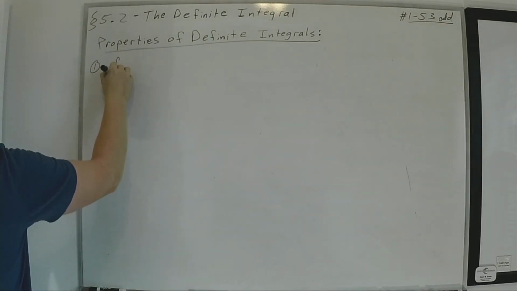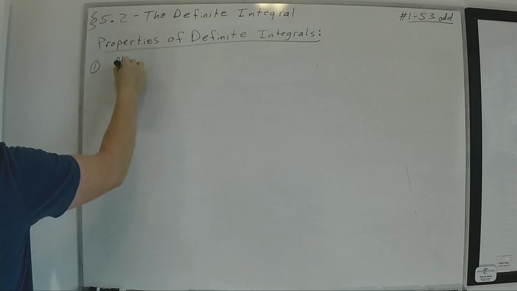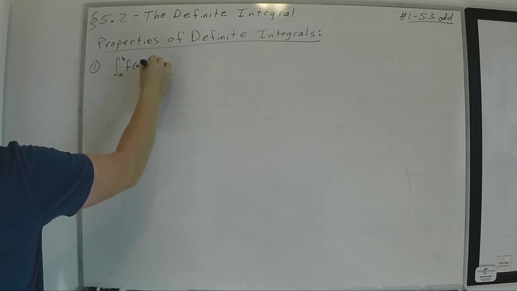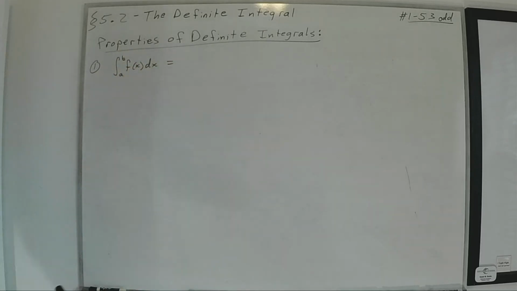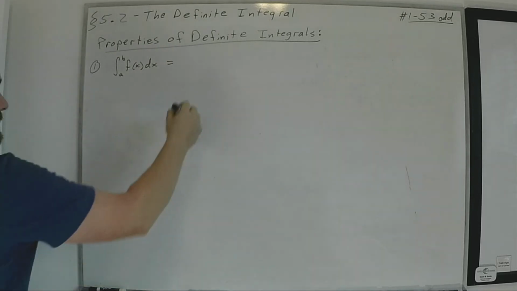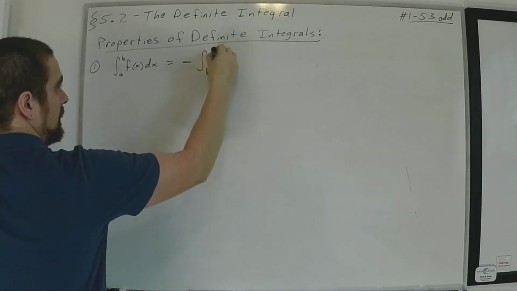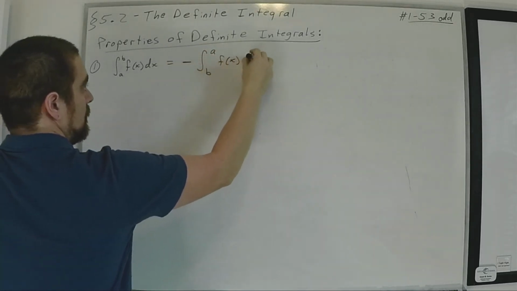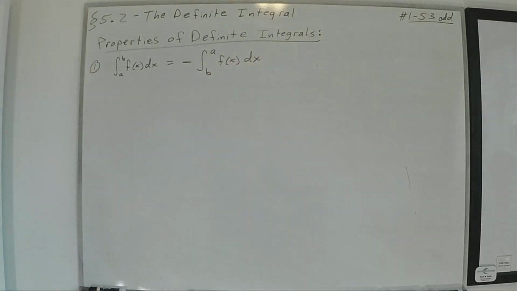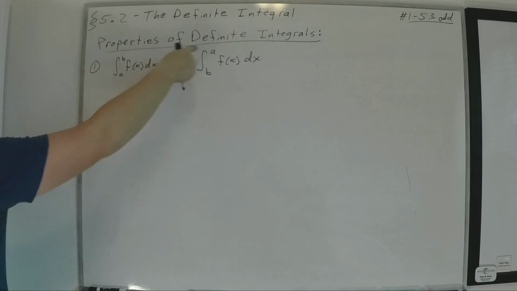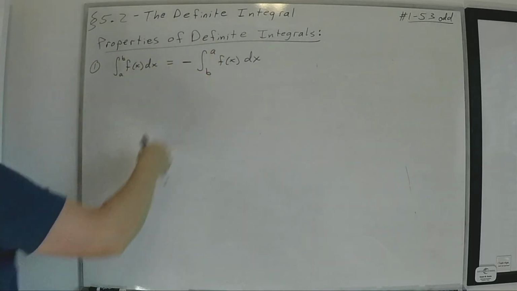The first one being that if we integrate from a to b a function f of x dx, then we can actually look at the integral from b to a, but it's going to give us the opposite sign of f of x dx. We'll get the negative if we, what they call, swap the bounds, or swap the upper and the lower limit.